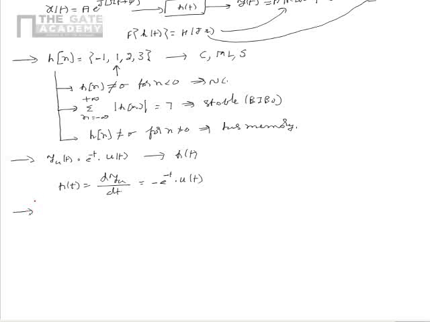Now, in the next problem, there are three systems given in options A, B, and C. They are (1/2)^n u(n); option B corresponds to -2^n u(-n-1); and option C corresponds to 3^n u(n).